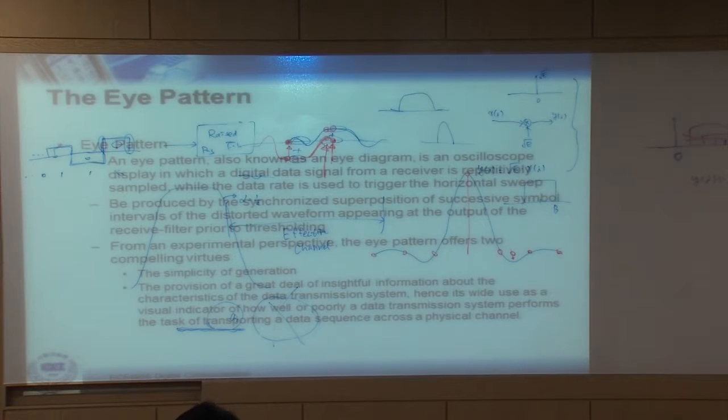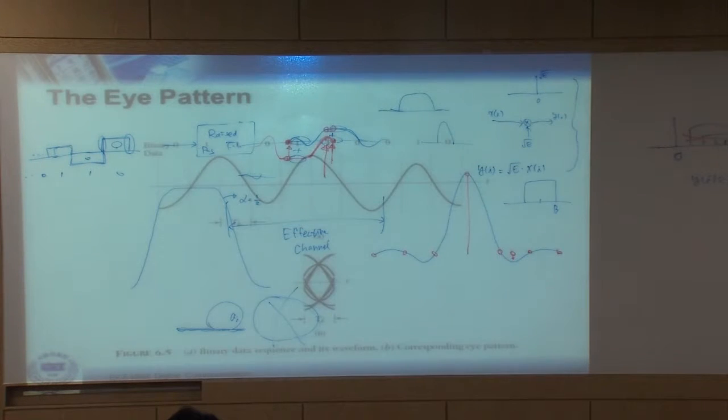We also learned the eye diagram. So we have many words here, but let me move to the picture. So we have this receive signal. This is a signal after the pulse shaping filter.